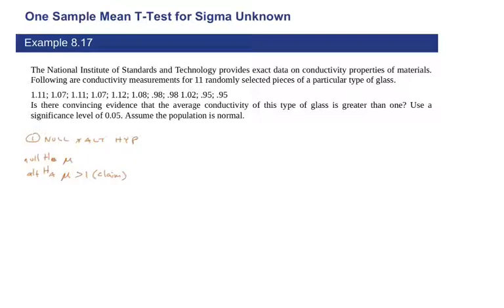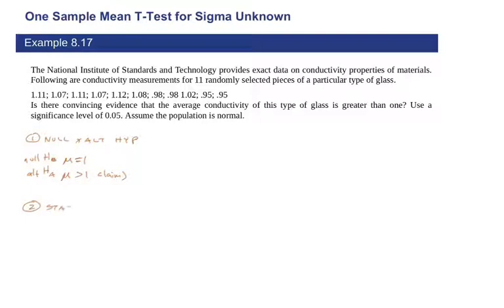So is there convincing evidence? It's going to be right here: greater than 1. That's going to be our claim. I always like to denote it. When I fill it in, that's the first one I'm going to fill out, and I'm going to write my little note that that's the claim there. And by default, we're going to say that the null is equal to 1.